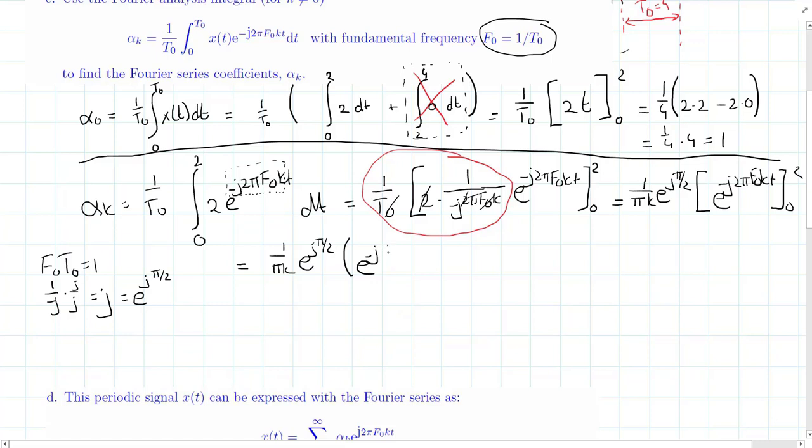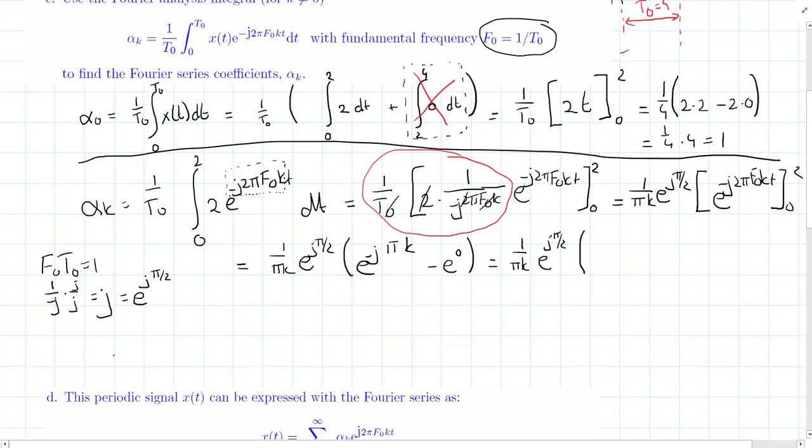We will be left off with 1 over minus j pi k minus e to the power, if we would fill in the 0, you would get e to the power 0, which is simply equal to 1. So this is equal to 1 divided by pi k e to the power j pi over 2.